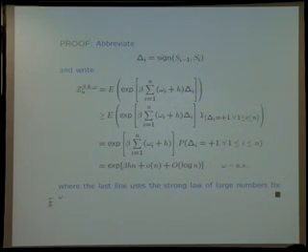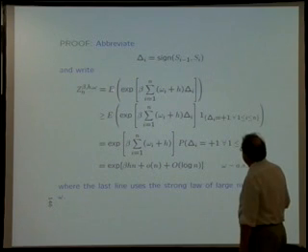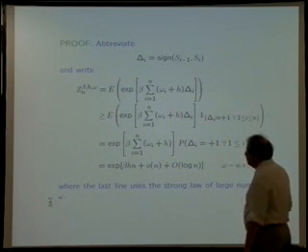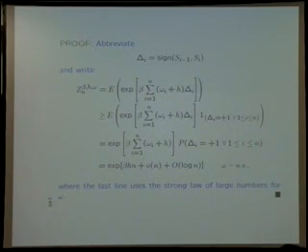The minus sign disappears because the minus sign is also in the exponent of the Gibbs measure, and I'm supposed to take the expectation over the law of the non-interacting random path. So this is just the path that gives equal probability to all of the 2 to the n directed paths.